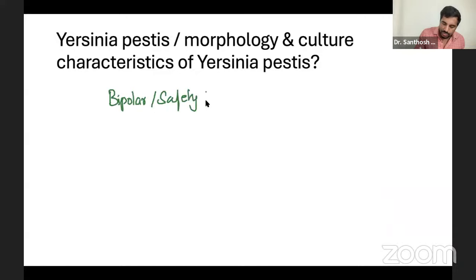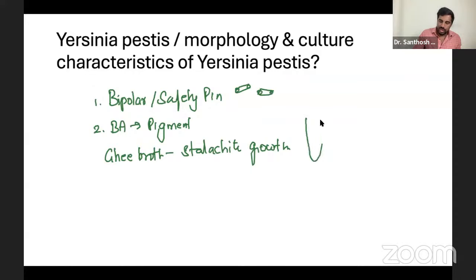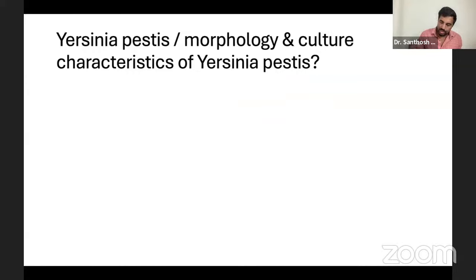And for culture, you're going to write the culture characteristics, same as I told you: in blood agar, you will see the pigment, and in ghee broth, you see stalactite growth. That's all. Just elaborate a little bit and draw the picture of how the safety pin appearance looks. You draw like this. And stalactite growth, I'll show you in a while. What does that stalactite growth mean? We have a separate question for that also. Right, this much only. If you want to write about this, then yeah.